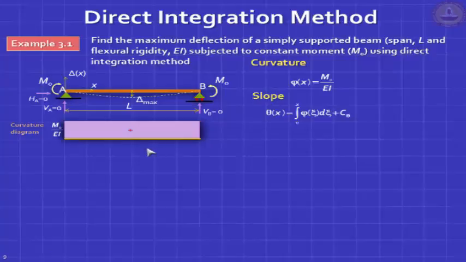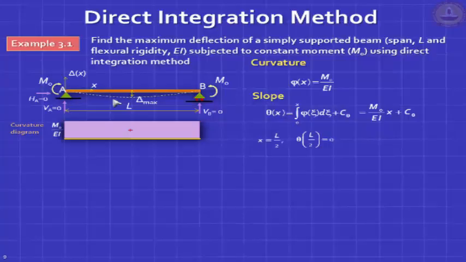You can get slope by simply integrating it, and if you integrate it and expand it, it's very simple: M naught by EI times x plus C theta. Now you have to apply boundary conditions. What are the boundary conditions? Well, we don't know what the theta is at the two supports, but we know that at the midspan, the slope has to be 0, where the deflection is maximum, from symmetry.